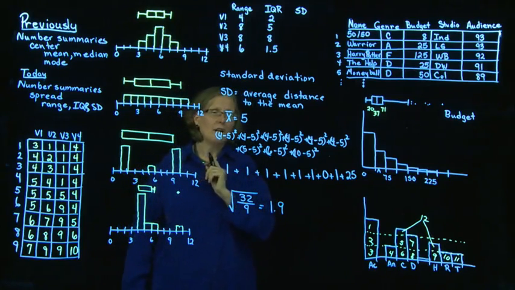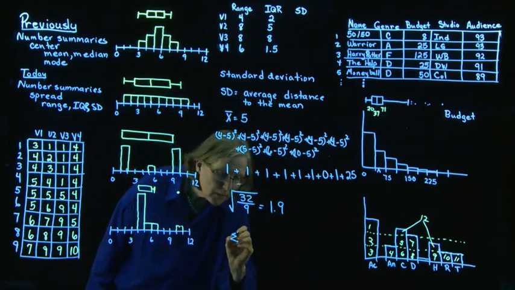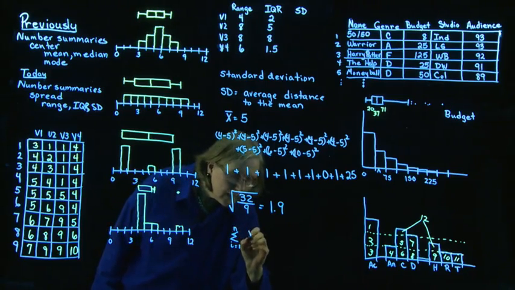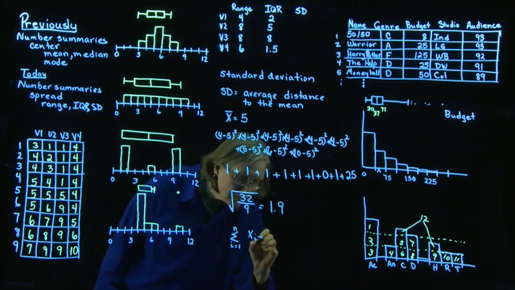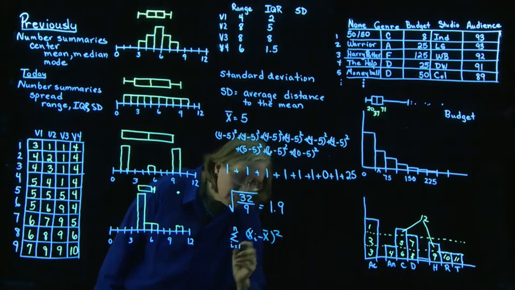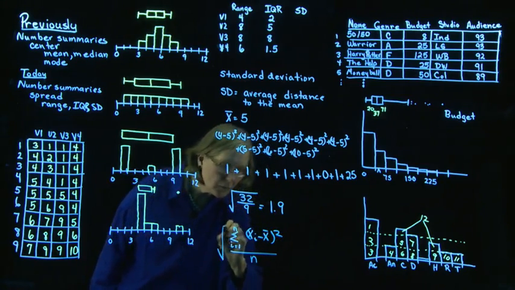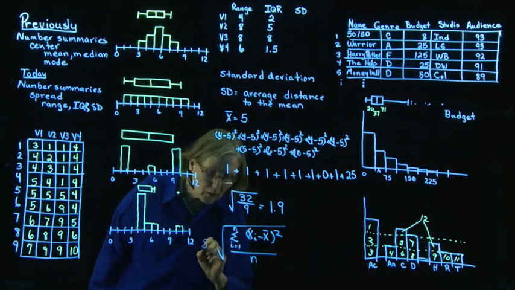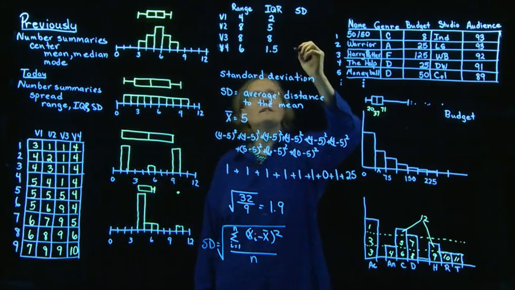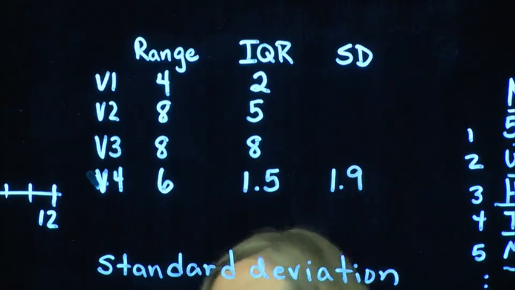Writing that more generically, we're summing from i equal 1 to n each of our observations minus the mean, squared, dividing by the sample size, and then taking the square root to get back to our original units. So our standard deviation for variable 4 was 1.9.